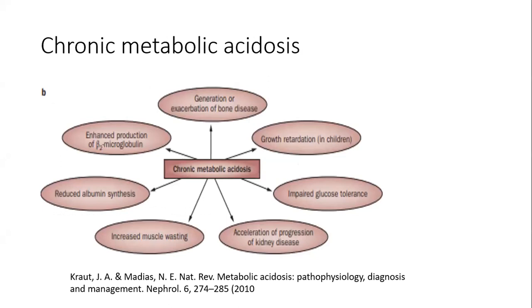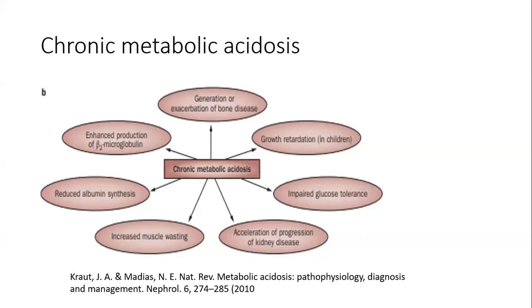At least a little information now about chronic metabolic acidosis in chronic kidney disease. Chronic metabolic acidosis affects the body and the whole system in these ways. It causes acceleration of bone disease, that's one we saw. It causes increased production of beta-2 microglobulin, where you have other complications.